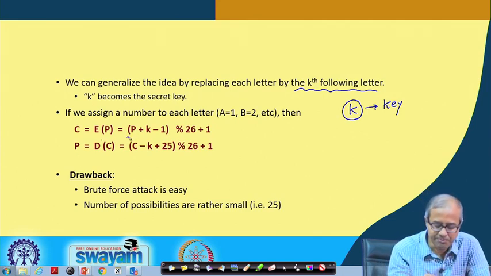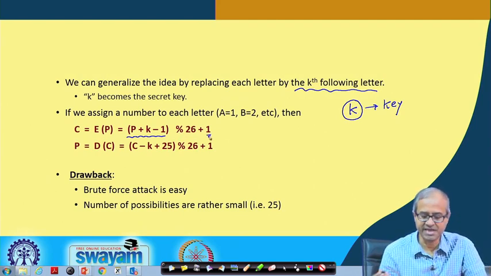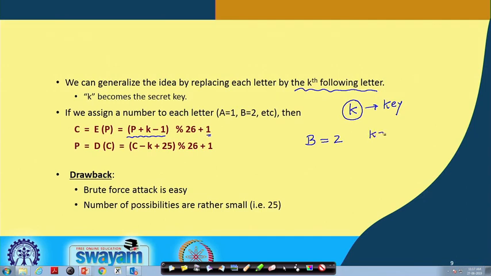So, if we number the alphabets A1, B2, C3 up to Z26, then for each letter the encryption and decryption process will work like this. Encryption will be (P plus K minus 1) modulo 26, plus 1. Modulo means divide by 26 and take the remainder. Let us take an example. Suppose I want to encrypt B, which in terms of the code is 2, and my key value is, let us say, 5. So, what will happen? P plus K minus 1.